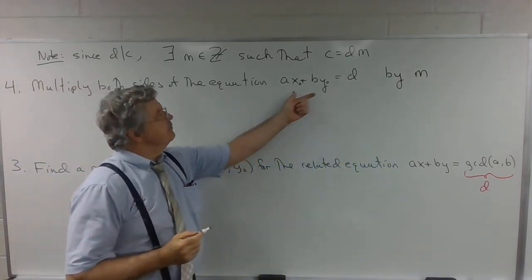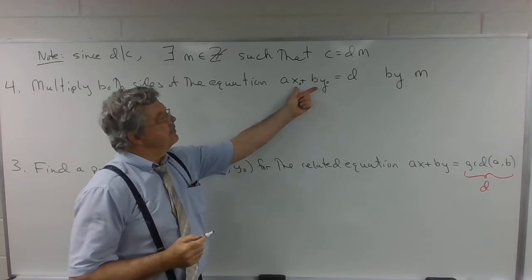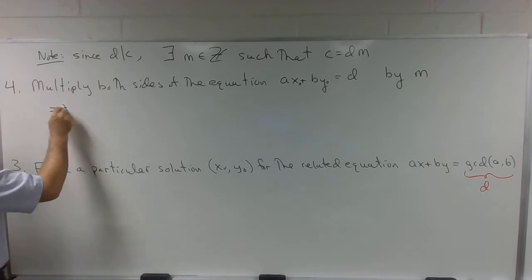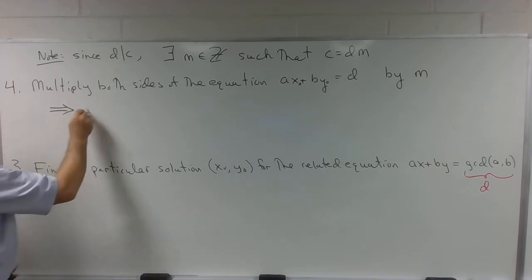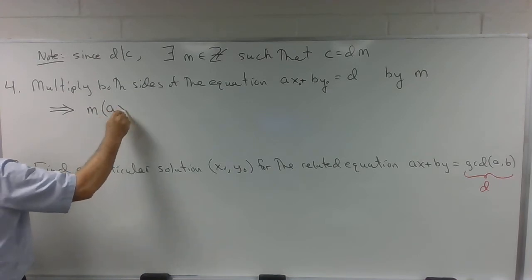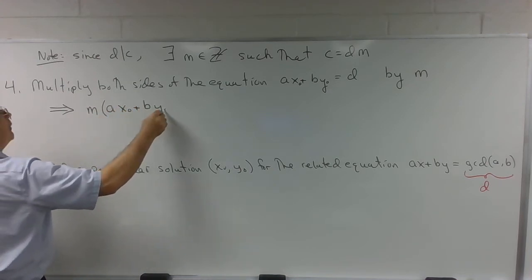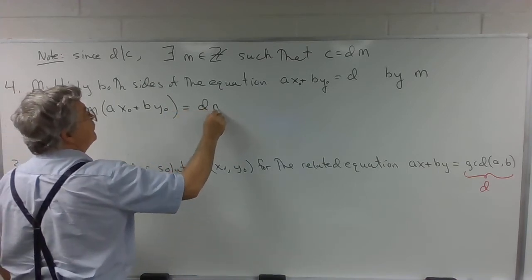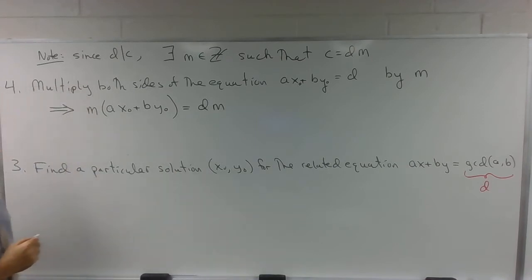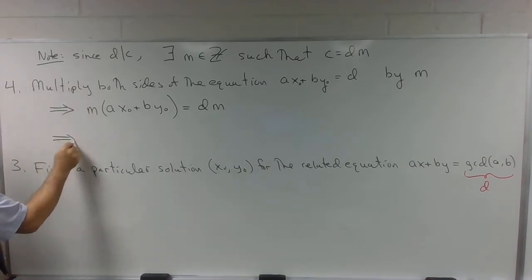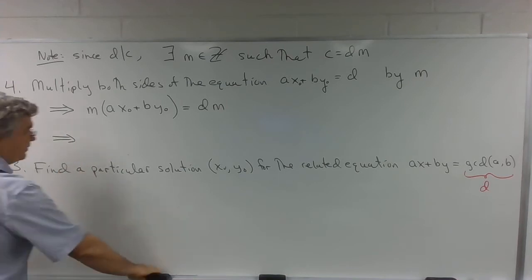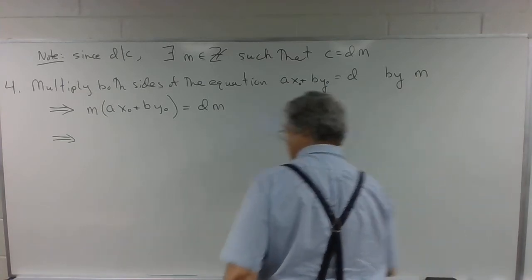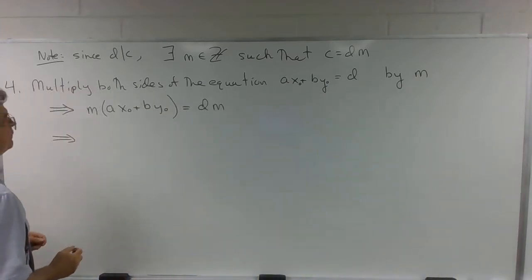Plug our particular solution, x naught, y naught, into this equation and multiply both sides by m. If we do, here's what we get. Now, I'm going to distribute the m in a rather insightful way.